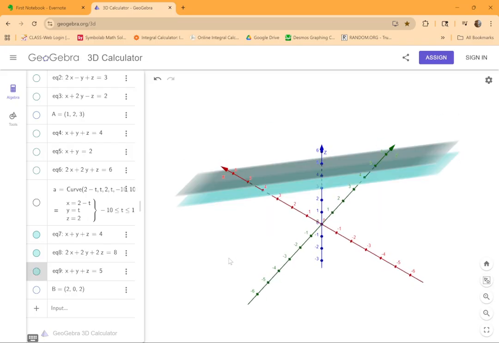What we have here is that those first two equations actually represent the same plane, and then that third one is another plane, but it is parallel to the other two. So in this particular case, even though two of them are the same, the third one is parallel. So there are no solutions here, and that's graphically what it would look like.